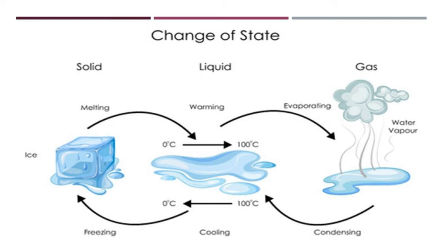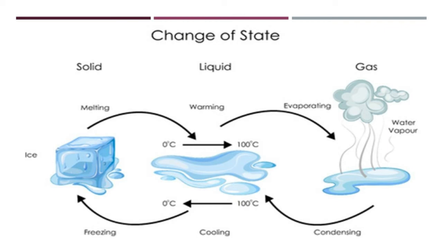On reducing the temperature of the steam, it becomes water again. If we reduce the temperature further to 0 degrees Celsius, it becomes ice, which is a solid state of water. Ice on heating becomes water again. Thus, water changes its state when there is a change in temperature.